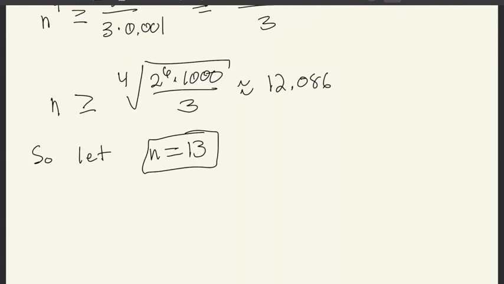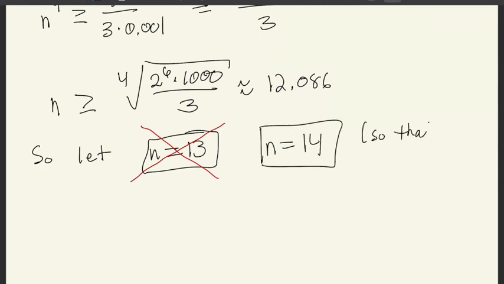If you have 13 subintervals, then Simpson's rule will be within 0.001 of the actual result. But recall that Simpson's rule requires that n has to be even, so we actually have to take n to equal 14.